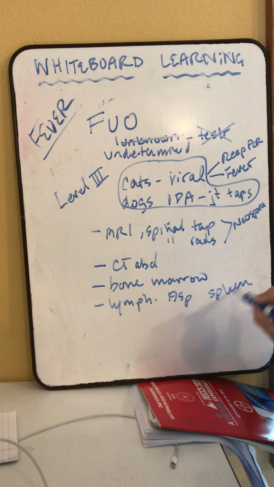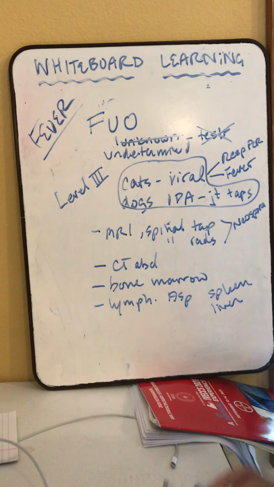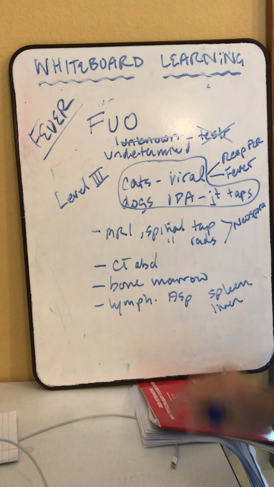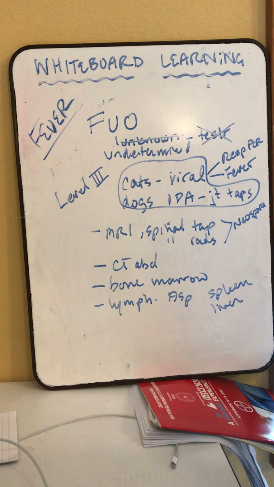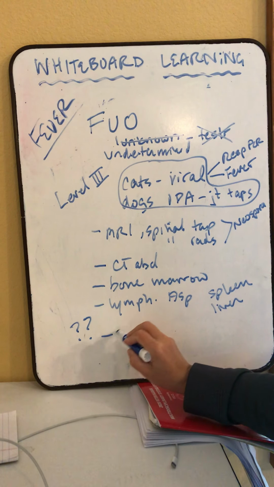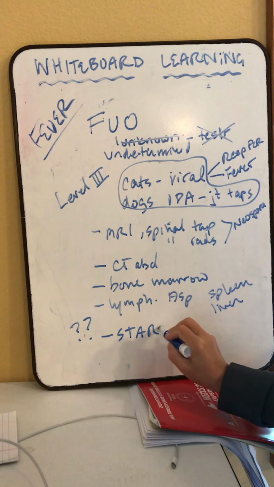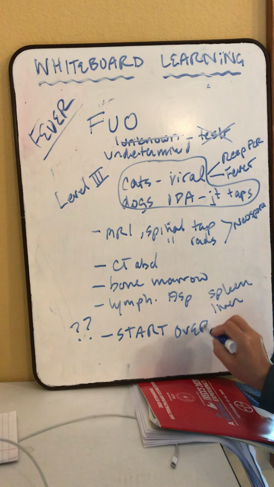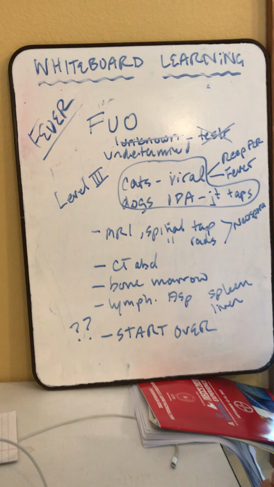Sometimes we just do that when we're trying to look around for diseases in different organs. So there's a bunch of different things that you could do. This starts to just get more complex. And then what they say in human medicine is if you don't find the answer still and you do all those tests, start over. Because maybe something is now much more obvious than it was the first time you went around.